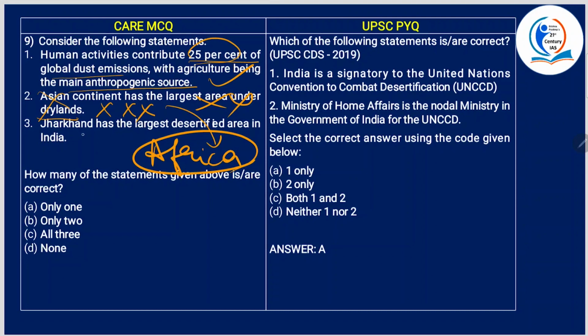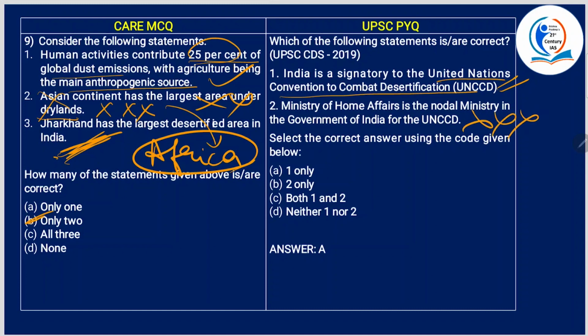Second statement is wrong. Jharkhand has the largest desertified area in India. Yes, this is correct. Usually we think it will be Rajasthan, but no, it is Jharkhand. Oh, okay, so 2 statements are correct. Which of the following statements are correct? India is a signatory to United Nations Convention to Combat Desertification. Yes, it is. Ministry of Home Affairs is the nodal ministry in the government for the UNCCD.